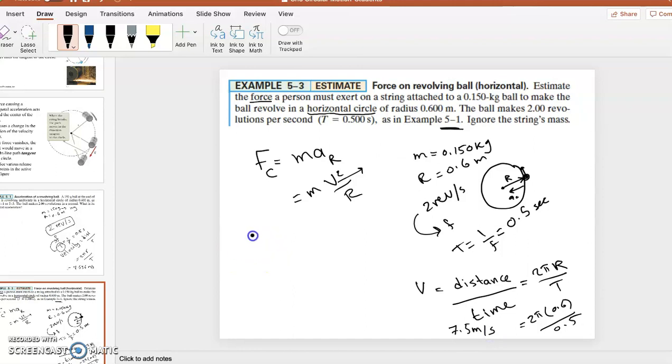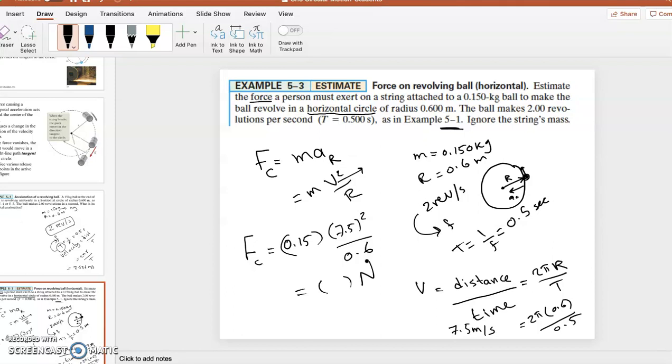So we come here and we say Fc equals the mass, 0.15, times 7.5 squared over r, which is 0.6. And what is the unit? It's in Newtons. All right, guys.